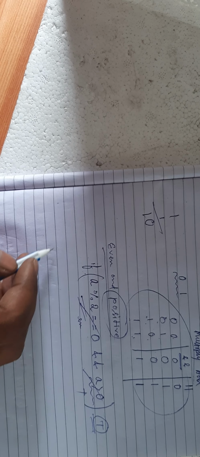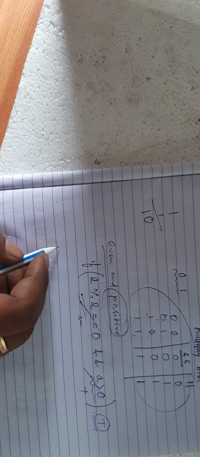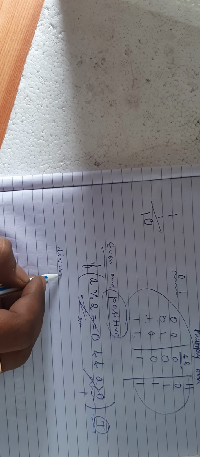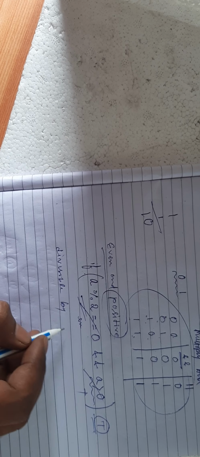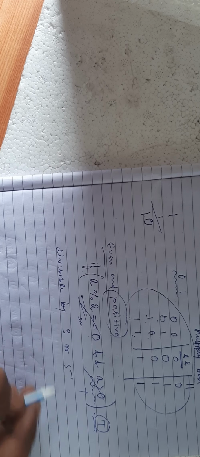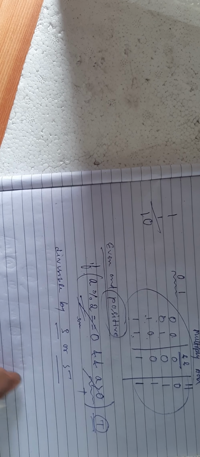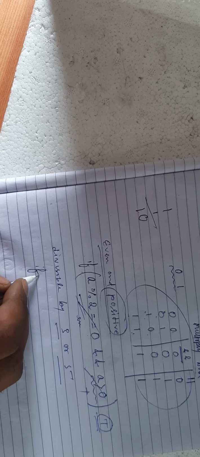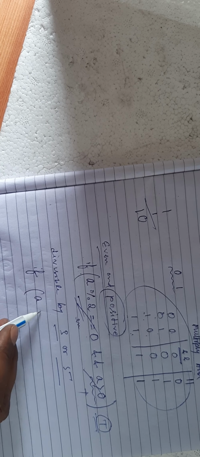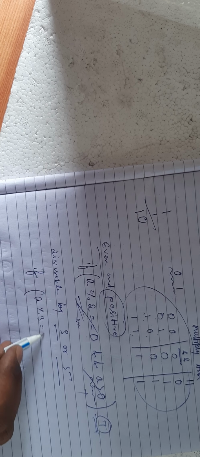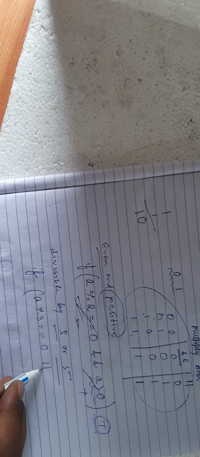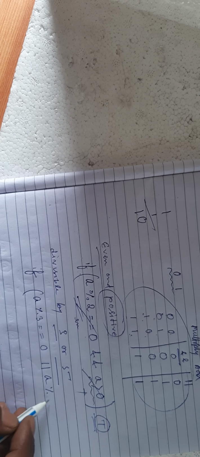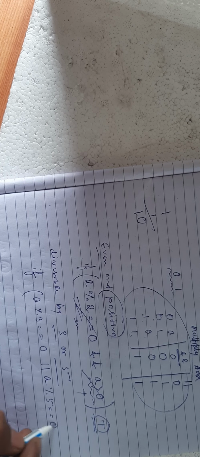And for the OR operator, let's take one example. Just like checking whether a number is divisible by 3 or 5, meaning either it is divisible by 3 or it is divisible by 5. So what can we write? If a%3 equal to 0 or a%5 equal to 0.